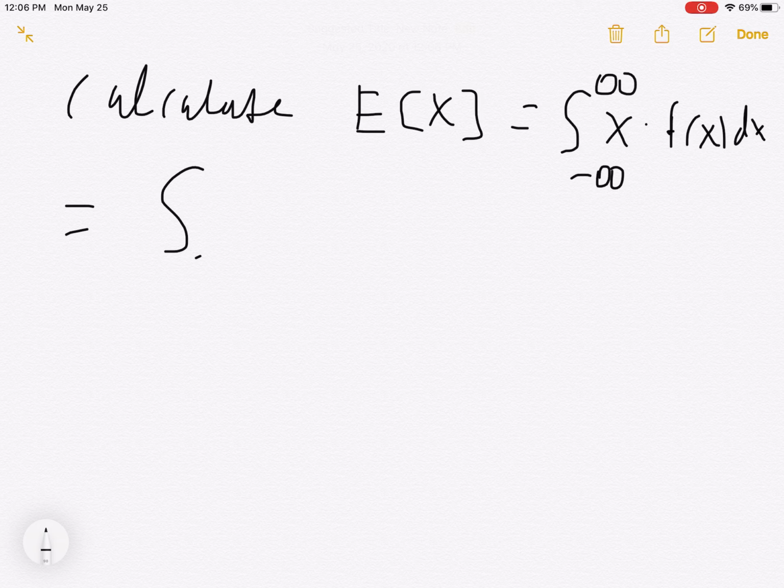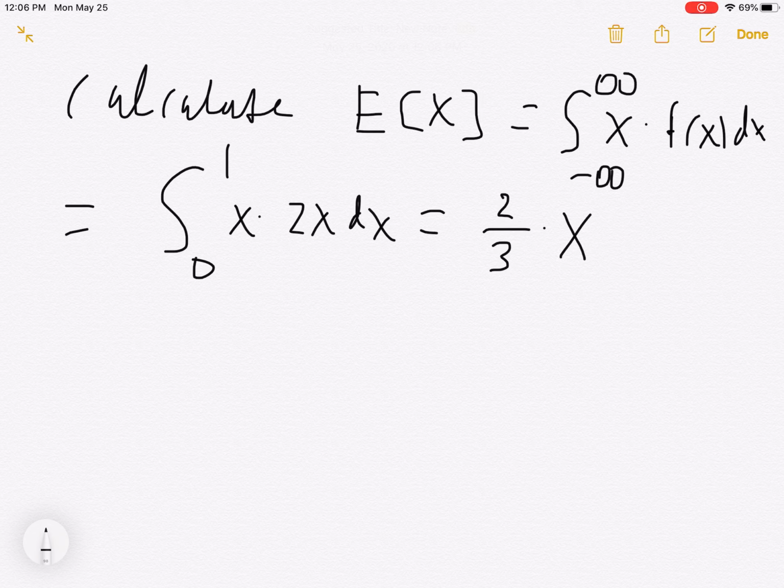Instead of having minus infinity, I'll have 0 to 1 of x times 2x dx. And that's going to be 2/3 times x cubed, evaluated at 0, 1, which is just 2/3.